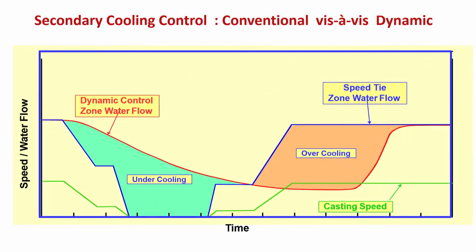Now, let us come to another important concept: when we are using secondary cooling, what control do we normally do? Conventionally, earlier, the intensity of cooling was tied up with casting speed.